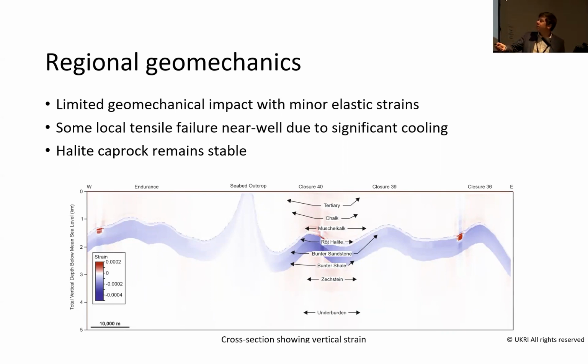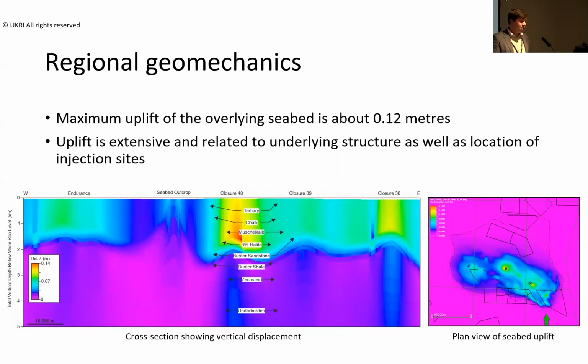This blue band through the center of the model is basically dilation occurring in the reservoir as we pressure it up, and we get some contraction strains that somewhat counteract that. But the main result is that the halite caprock does remain stable despite some local tensile failure in the reservoir in the vicinity of the injection sites due to the cooling caused by the injection of cold CO2.